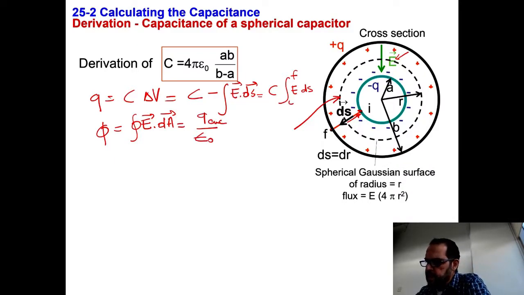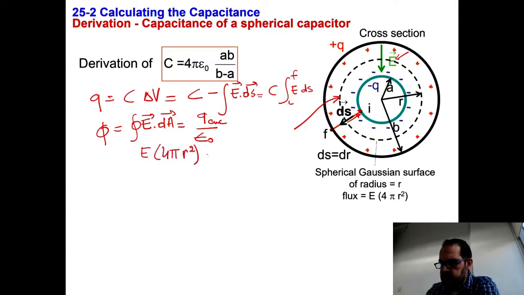Here the electric field is constant over this spherical surface, so this is equal to E times 4 pi r squared, the area of the sphere, is equal to the charge enclosed.